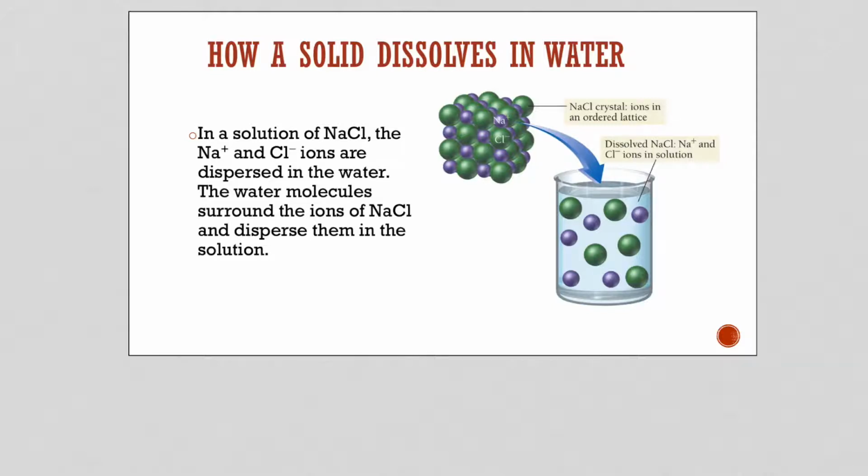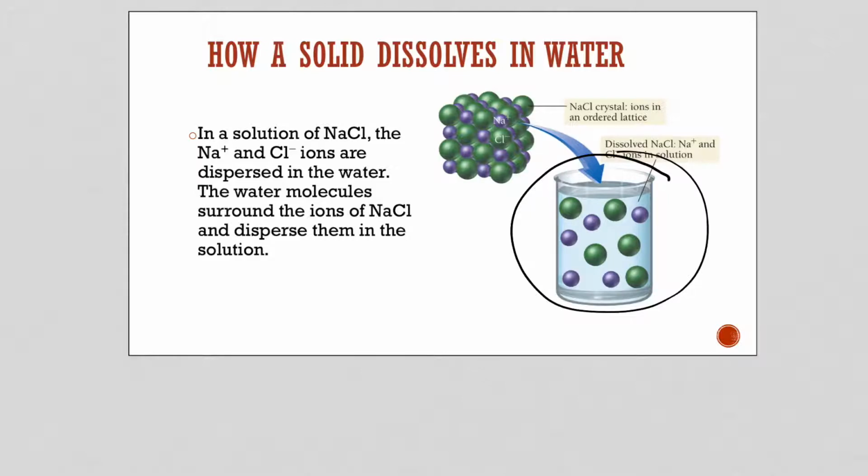And so the basic take-home here and the big picture is that when we dissolve an ionic compound, we exist as individual ions in solution. So when we think about that salt water, we think about the sodium chloride existing as sodium ions and chloride ions.